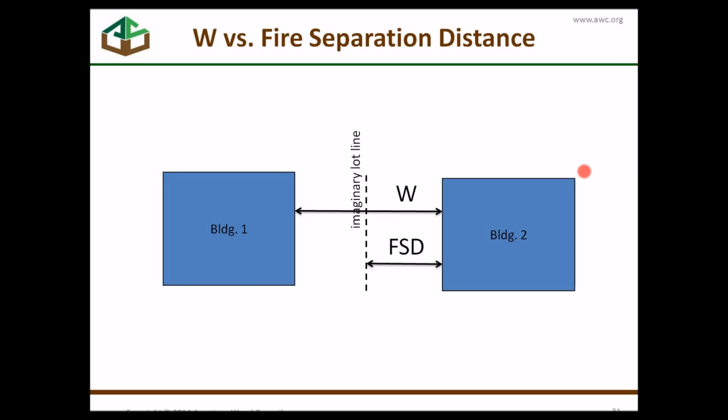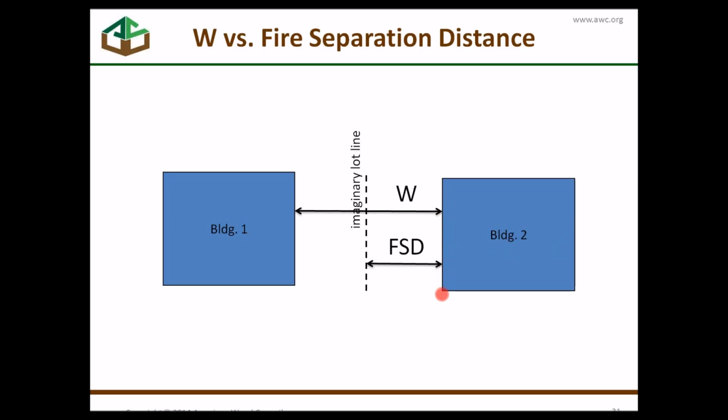A couple cautionary notes here. As you know, if you're used to using the code at all, most of you are, there's such a thing as fire separation distance. That's the FSD here. Fire separation distance is defined as what is used to measure to a lot line for the purposes of determining the rating of this exterior wall. It may require a fire resistance rating. Openings may need to be protected as well.